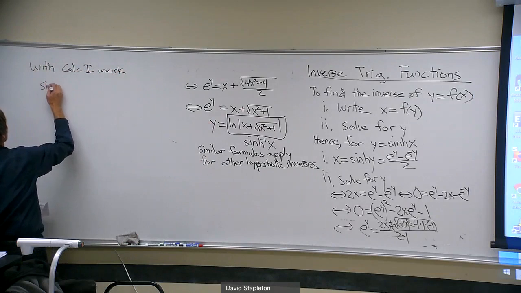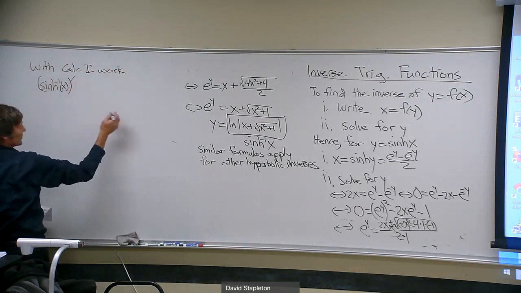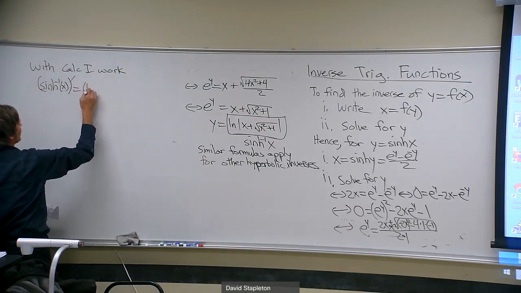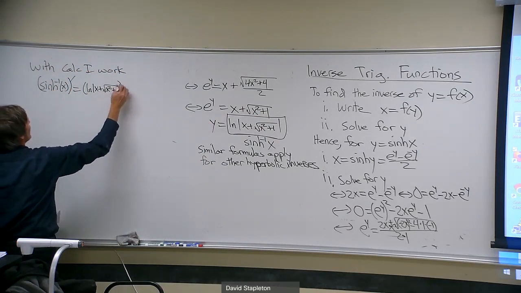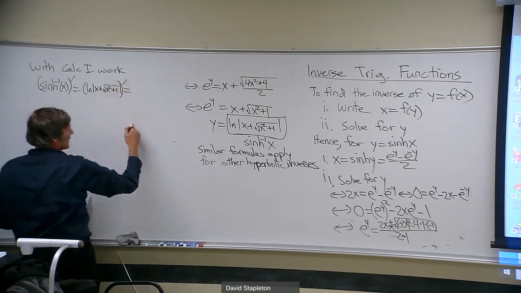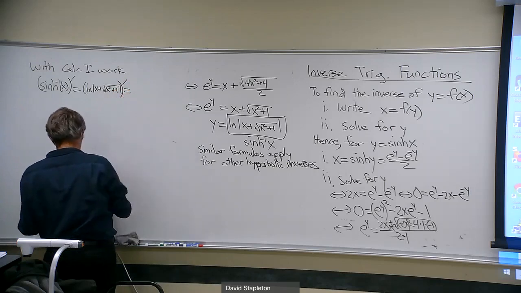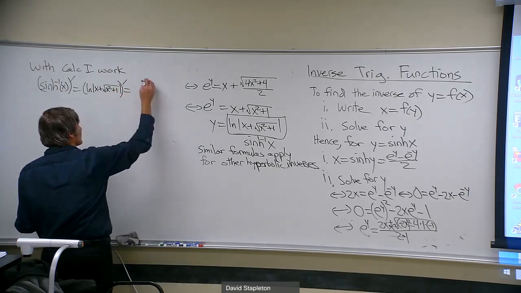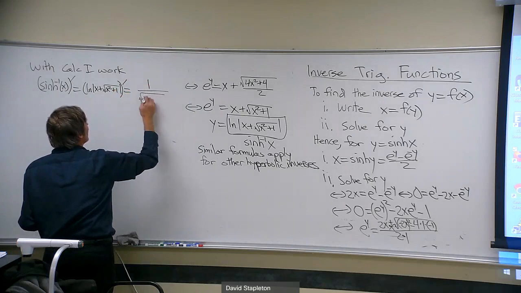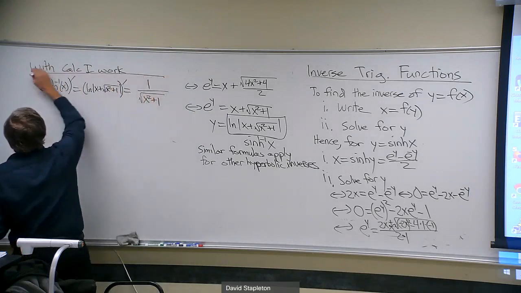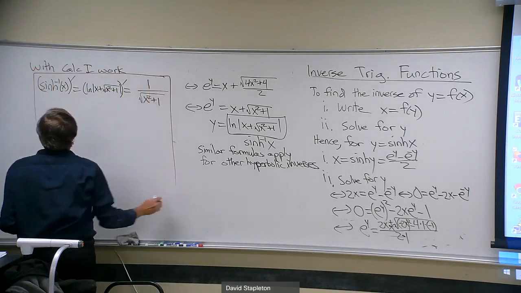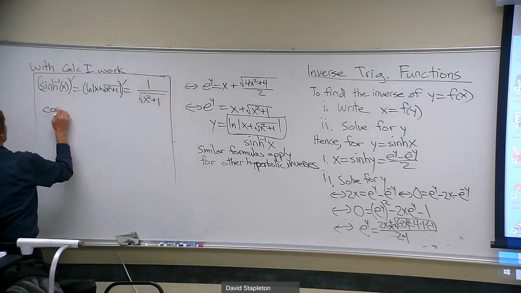You'll find that the derivative of the inverse hyperbolic sine of x, by using that formula, is the derivative of natural log of x plus square root x squared plus 1. And with a bunch of work, this just comes out to be 1 over square root x squared plus 1. There's the derivative of the inverse hyperbolic sine.